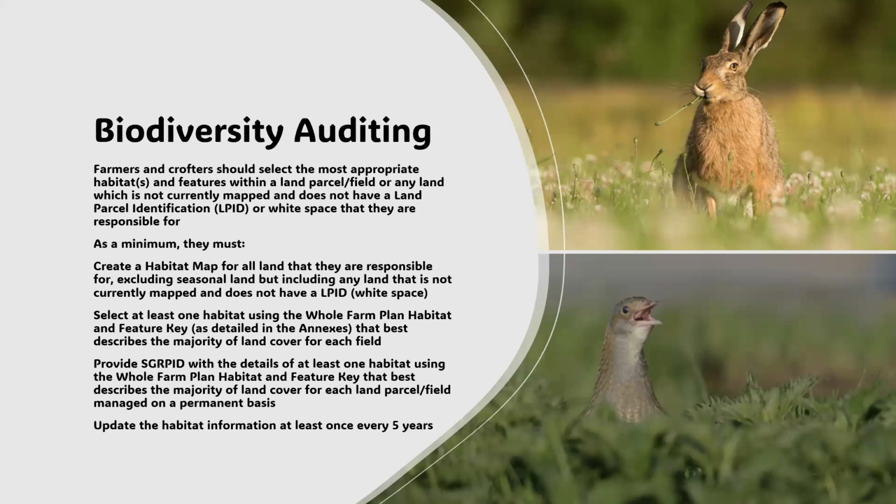And you'll then be expected during the IACS window in the spring of next year to submit your habitats map to the Rural Payments Inspection Division, if indeed you're deciding that that's going to be 2 of your 5 for next year. And the idea is that the habitats map will be built up over a number of years.